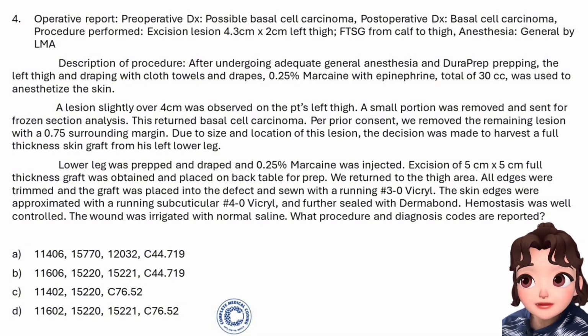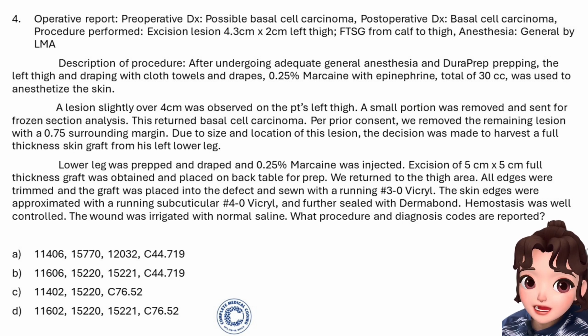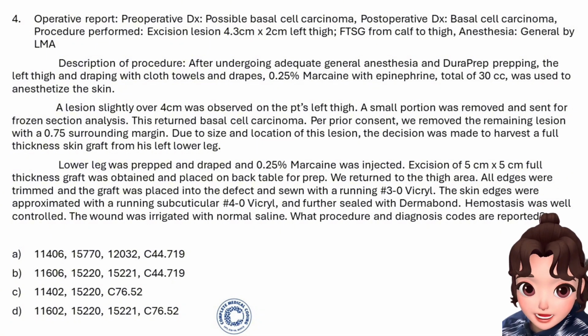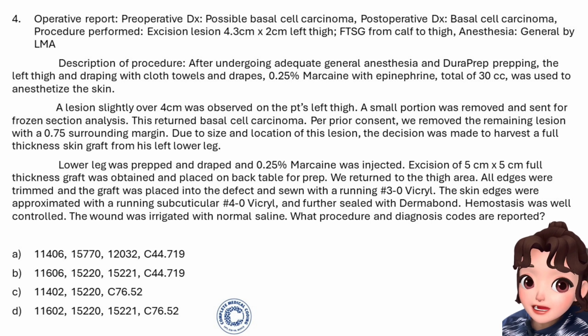But our full thickness graft is 25 square centimeter. So up to 20 square centimeter we code 15220, and then the add-on code 15221. It's clearly mentioned each additional 20 square centimeter or part thereof. If there is nothing mentioned like 'or part thereof', then we cannot use that code. But here it's clearly mentioned or part thereof.